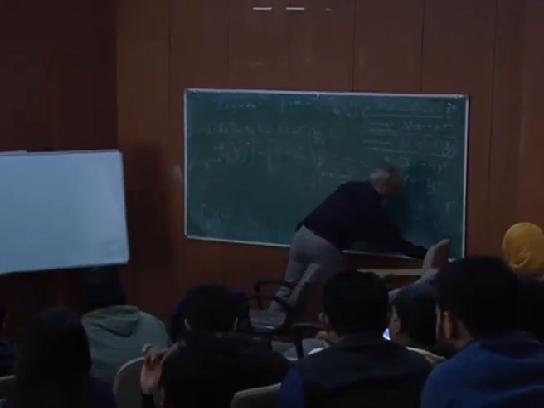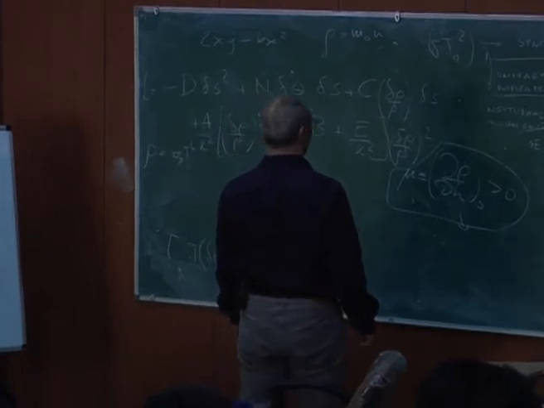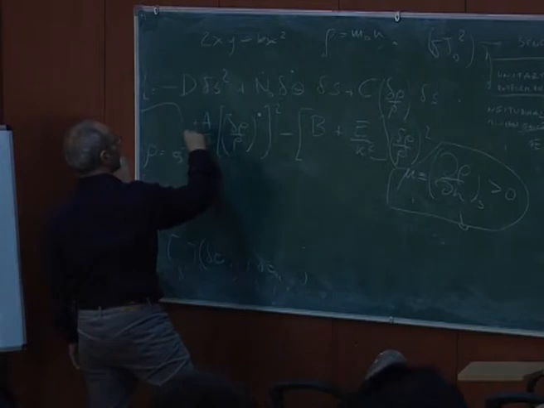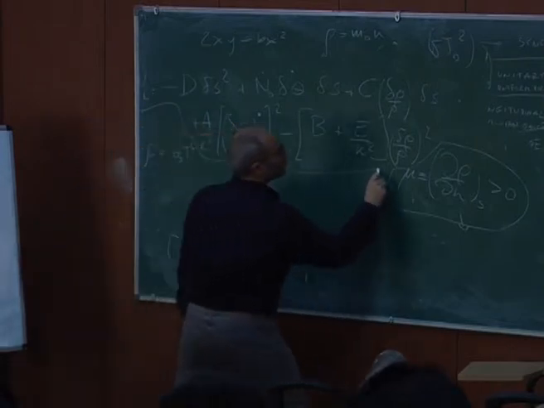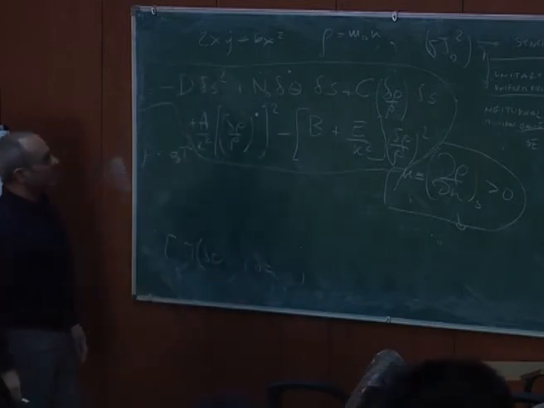So when we write down, did I erase? Oh, I erased. No, okay. So this is the Lagrangian. The Lagrangian is this object here. That's the Lagrangian we have.